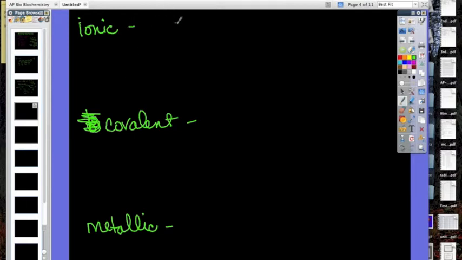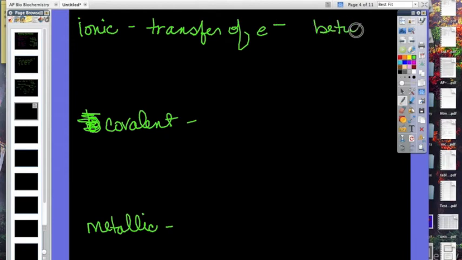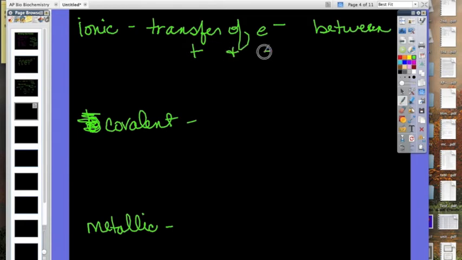And for an ionic bond, we are talking about a transfer of electrons between positive and negative ions. And you need to know a positive and a negative ion is called a cation or an anion.